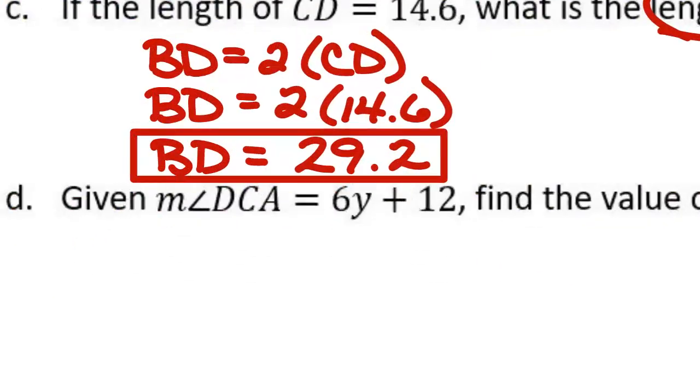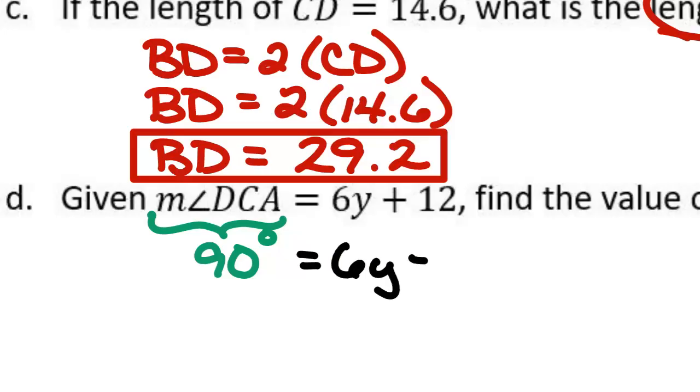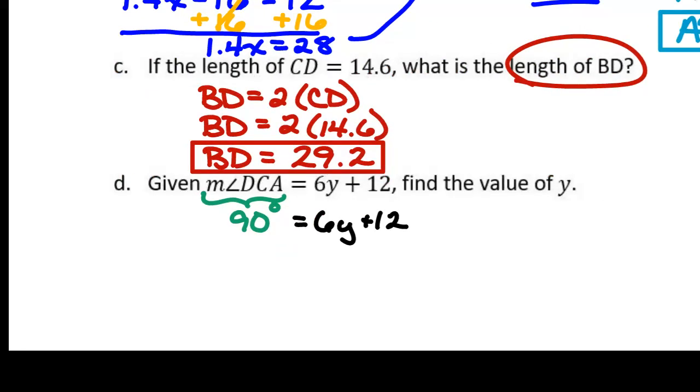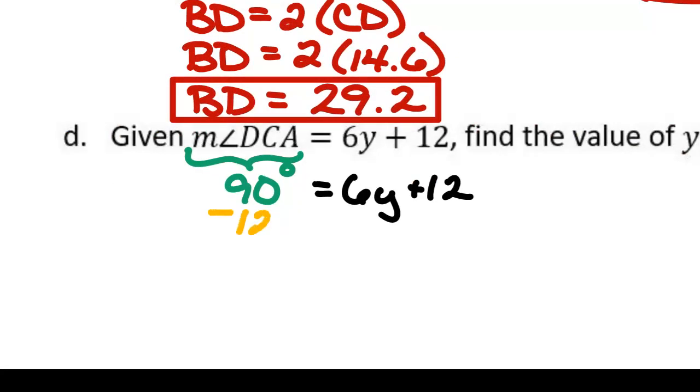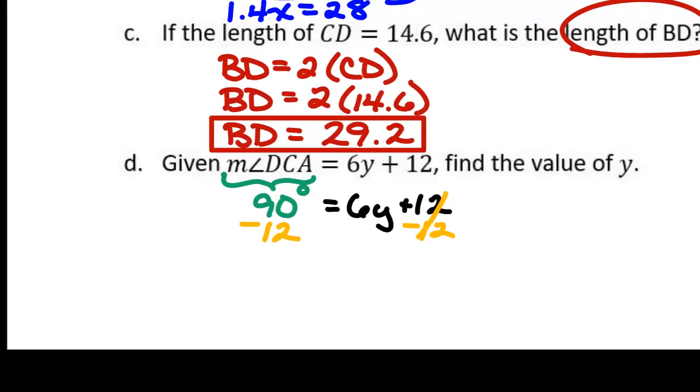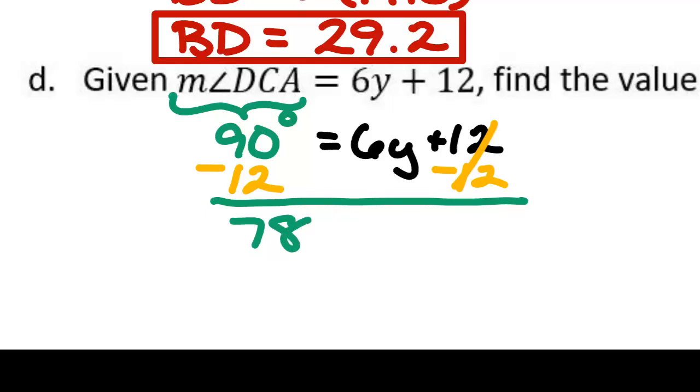So instead of having it say the measure of angle DCA, we're going to replace that with 90. So 90 equals 6y plus 12. And now we're going to solve this for y. So I'm going to minus 12 from both sides. What is 90 minus 12? 78 equals 6y.